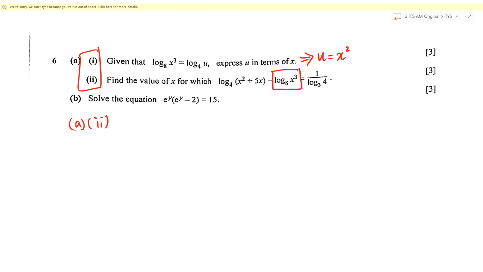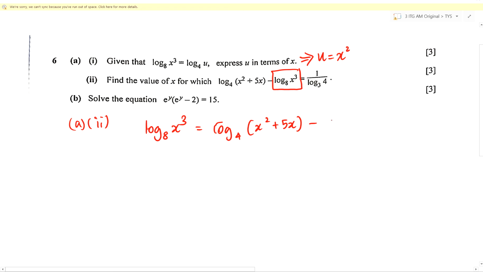Thus, if you're interested to see how this works, just continue. So from the second equation in part 2, we have log base 8 x cubed, making it the subject. Log base 4 x squared plus 5x minus 1 over log base 3 4.